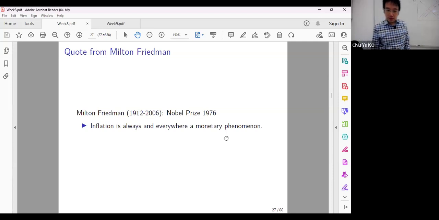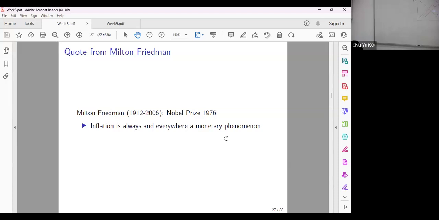That is what a very famous economist, Milton Friedman, said. Milton Friedman is a Nobel Prize winner and one of the representatives of the Chicago School. He often said inflation is not about people being more optimistic or the economy being good.